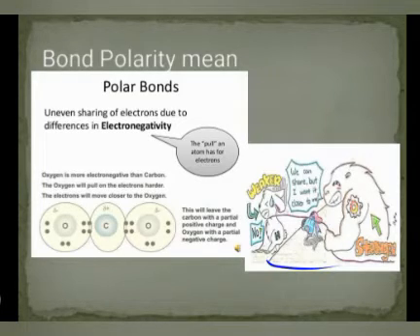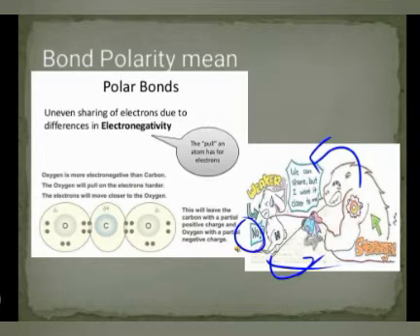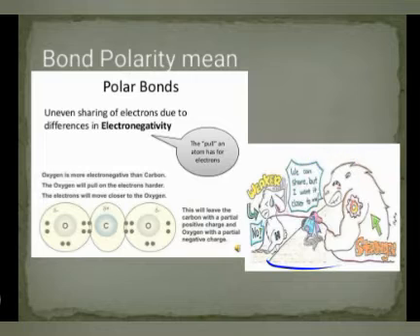Oxygen is saying we can share the electron, but I want you to be closer to me. The hydrogen doesn't want to go closer, but it is brought closer due to oxygen's higher electronegativity. The basic chemistry is higher electronegativity.